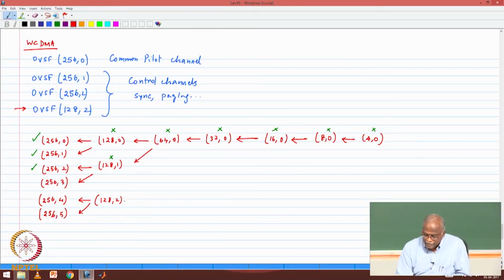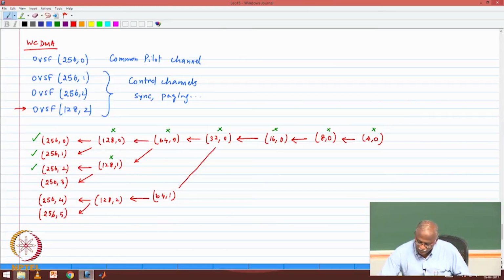The predecessor of 128,2 is 64,1, and the predecessor of that will be 32,0. Okay, so we assigned 128,2, the fourth code that we have assigned as part of the system design. Which means I have blocked 64,1 and all its predecessors. I have also blocked 256,4 and 256,5.